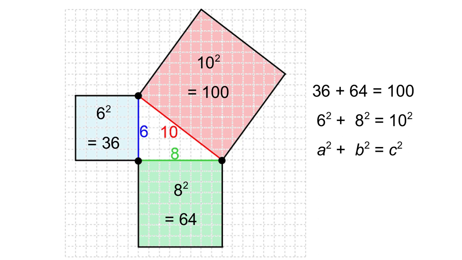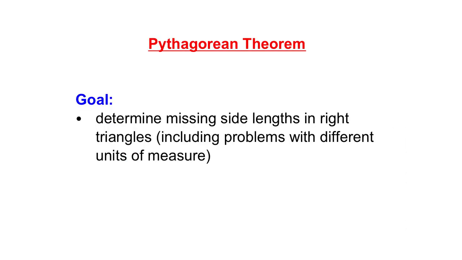And all it means is that when you square one side of a triangle and add the square of the other side of the triangle, you will get the square of the longest side in the triangle, the hypotenuse. And that's what this lesson is about, the Pythagorean theorem.